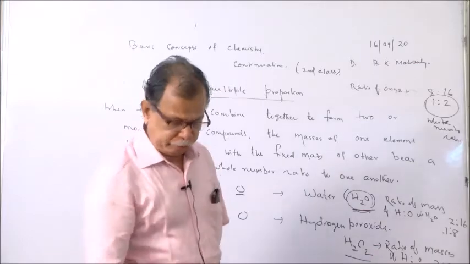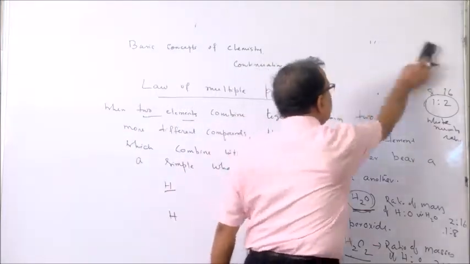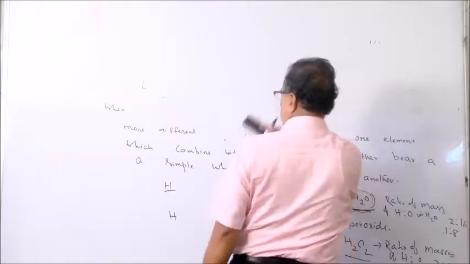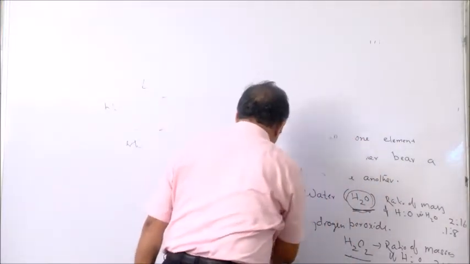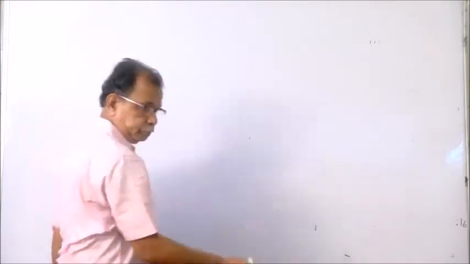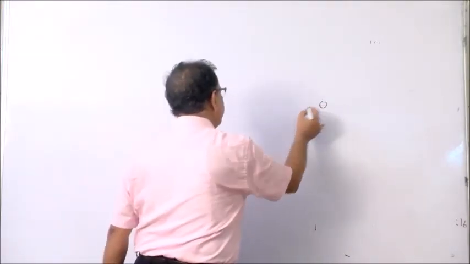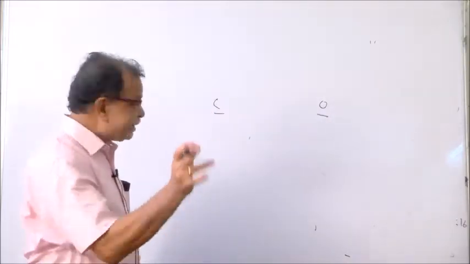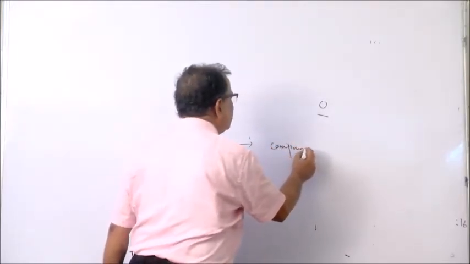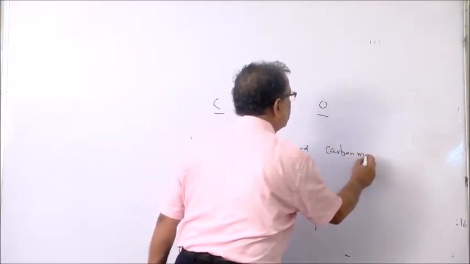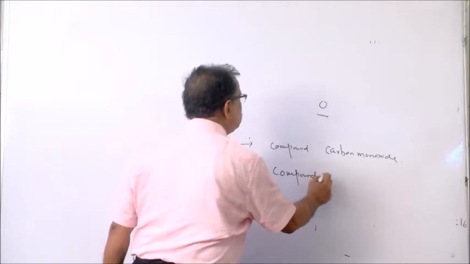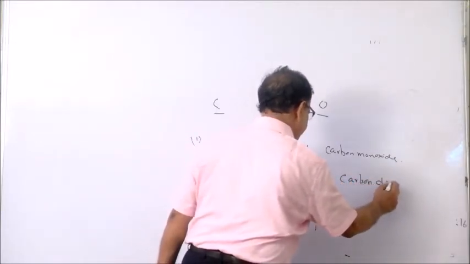I will take another example. Suppose carbon and oxygen, two different elements, form compounds. The first compound is carbon monoxide, the second compound is carbon dioxide.